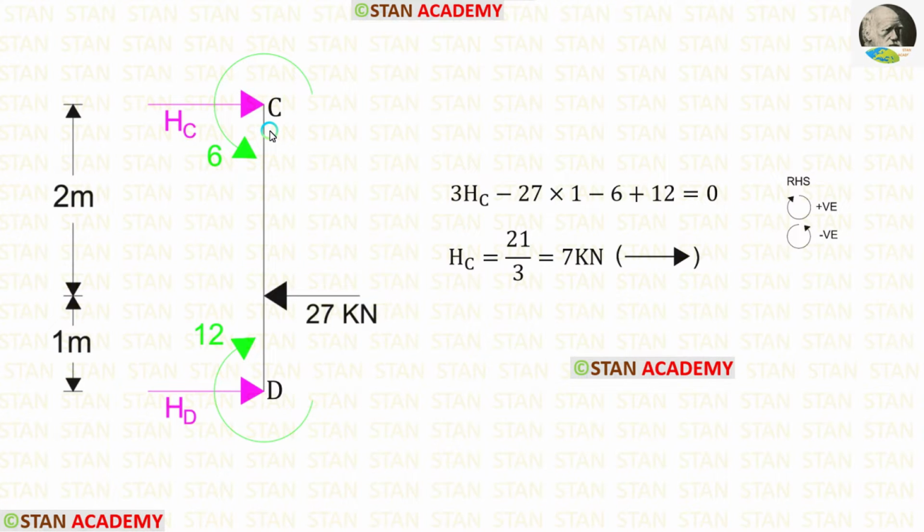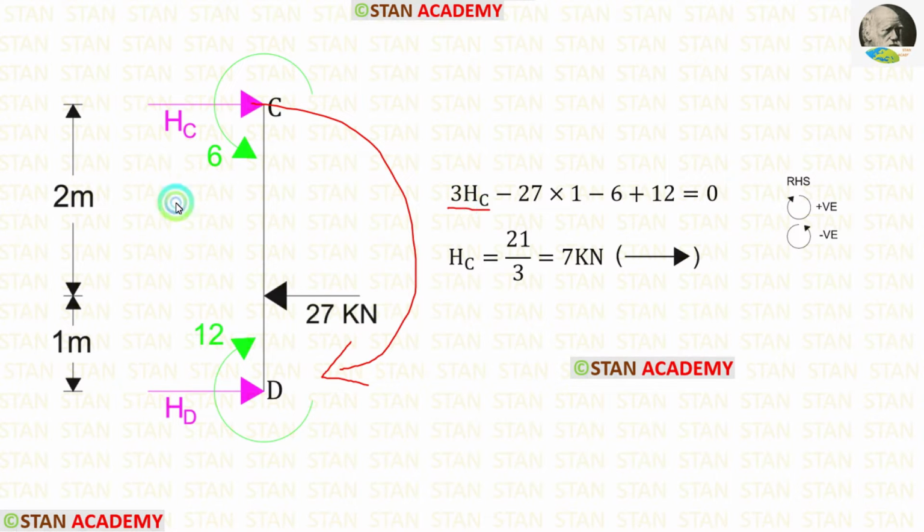Now let us find the horizontal reaction at the point C, HC. For that, I am going to take moment about D. In this case, I am moving towards the right hand side. Clockwise will be positive and anti-clockwise will be negative. HC is acting towards the point D in the clockwise direction.